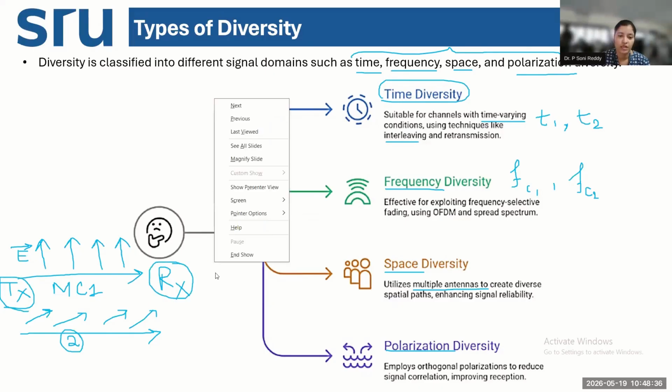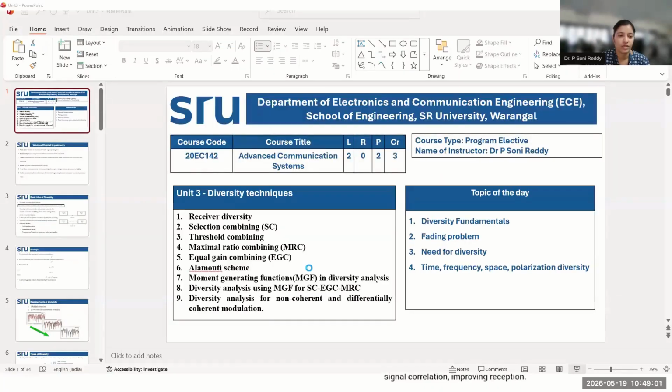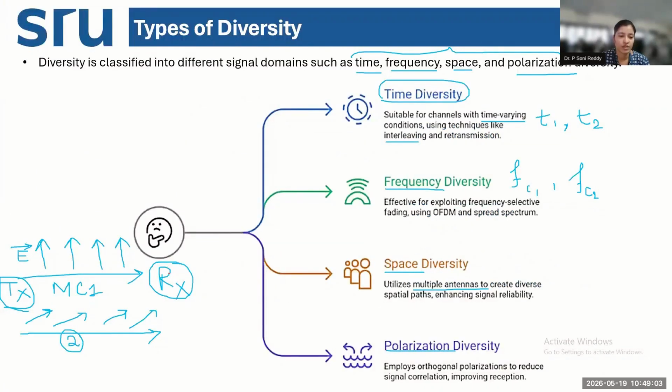So the first signal is called a vertically polarized signal, and the second signal is called a horizontally polarized signal, because of the orientation of the electric fields in the transmitted signal.